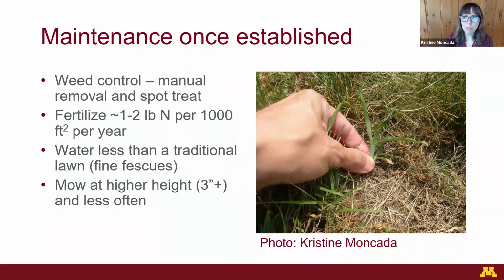You fertilize with more of a lower input regimen, so that's 1 to 2 pounds of nitrogen, using your regular lawn fertilizer that you find at the store. If you have fine fescues in your lawn, you don't need as much watering. They're tolerant of less water. And you want to mow at a higher height. The bare minimum is 3 inches. Higher is actually better.